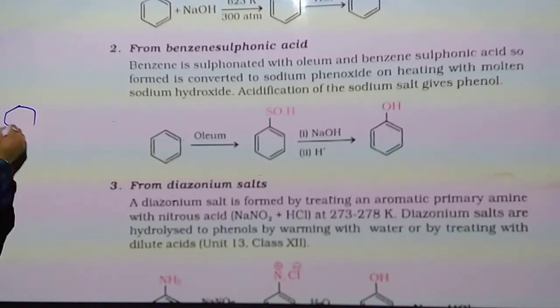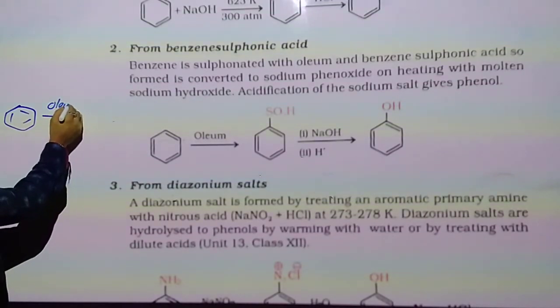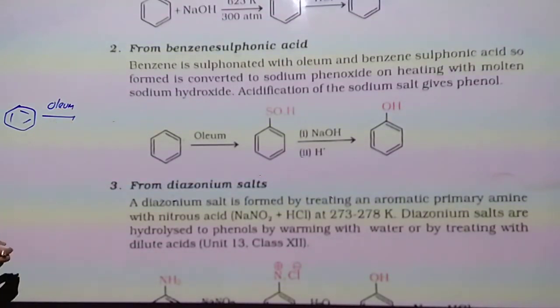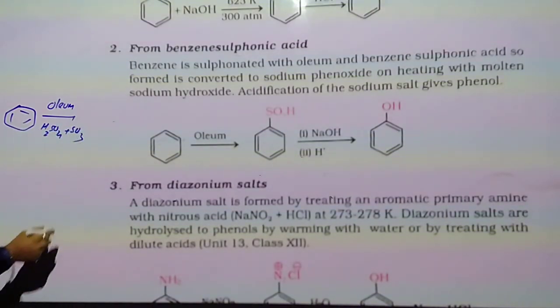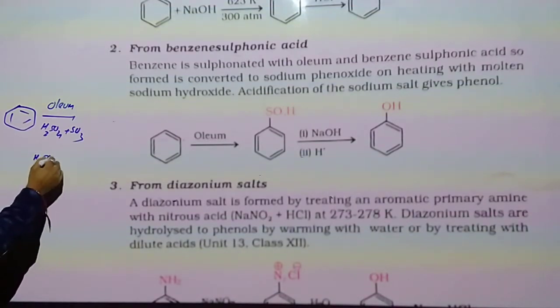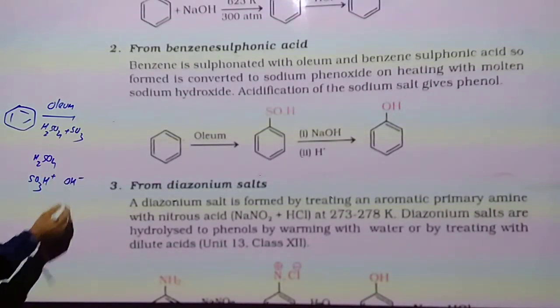Benzene is sulfonated, meaning reacted with oleum. H2SO4 plus SO3 is called oleum. Sulfuric acid gives two parts, SO3H plus and OH minus.